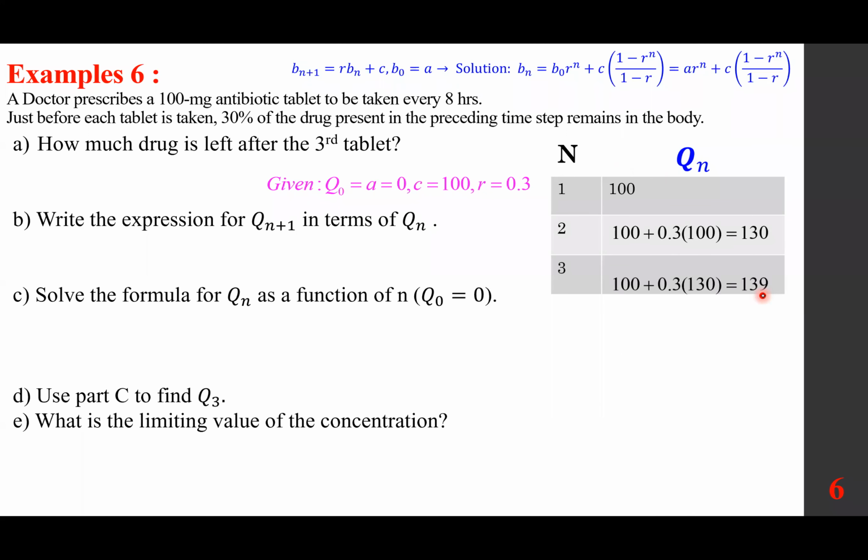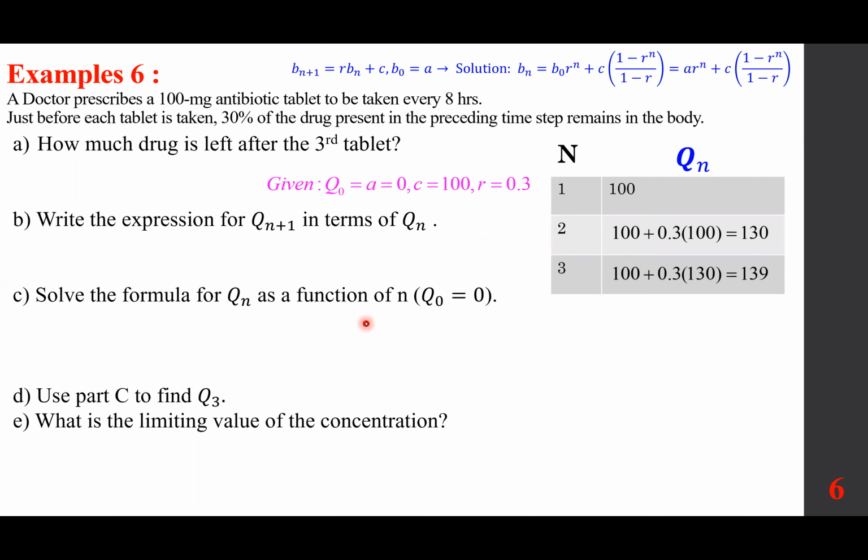So this is 130, this is 139. I hope you realize it's very straightforward. There is not much to it, everybody. So as far as this formula is concerned, that's that. Again, we are repeating questions we have seen. This is slightly different, I think, than what we have seen, but we've done questions similar to that.